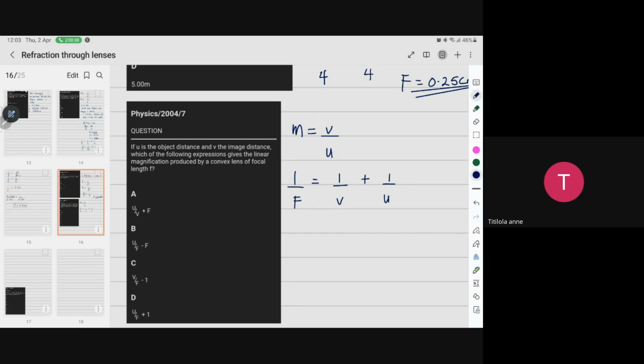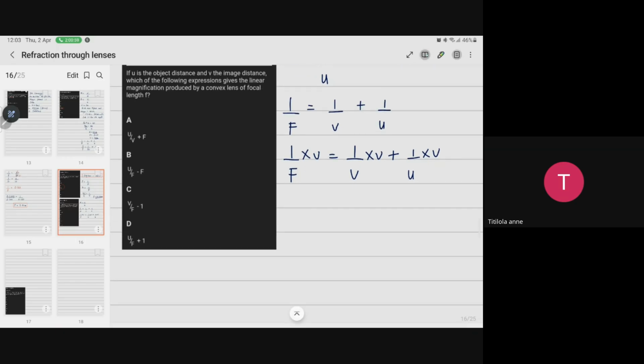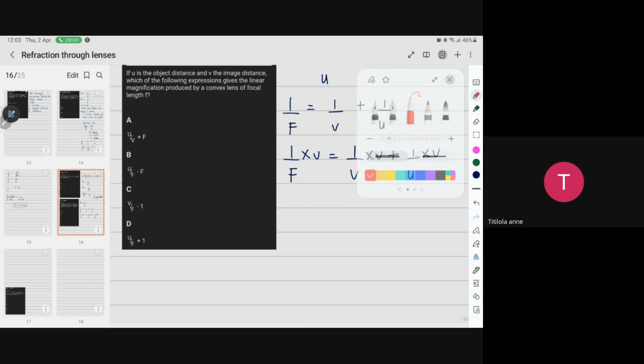So she multiplied through by V. So we now have 1 over F multiplied by V is equal to 1 over V times V plus 1 over U multiplied by V. Her approach that day was wonderful, so always maintain it. You see, they are repeating the same question. They asked that question for concave mirror. They are now asking it for a lens. So V will cancel V, and I will have that V over F is equal to V over U.